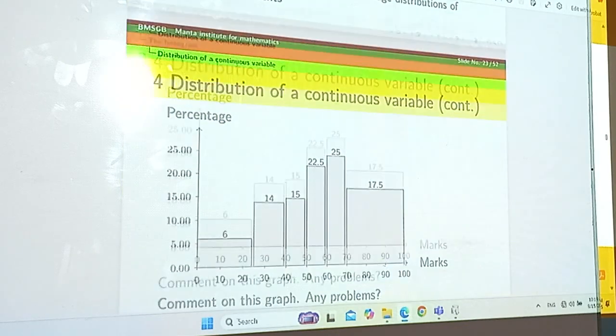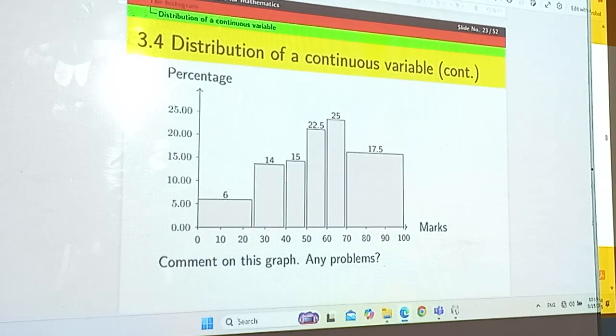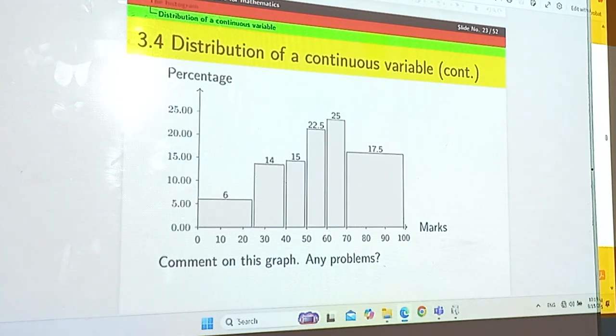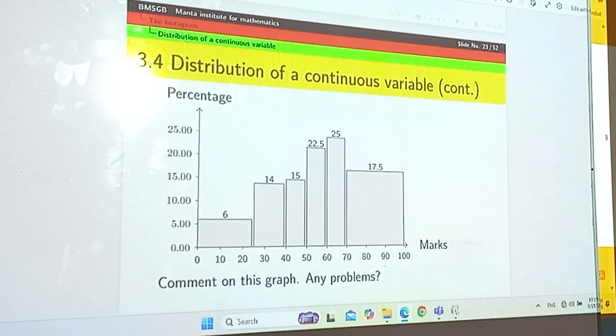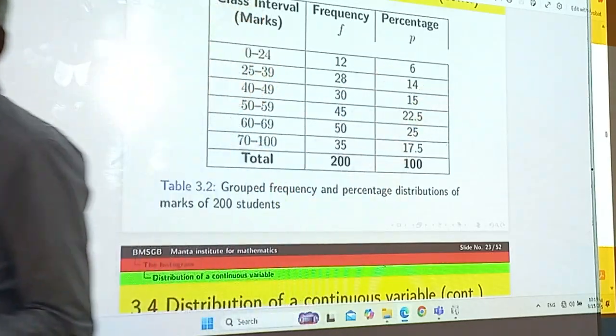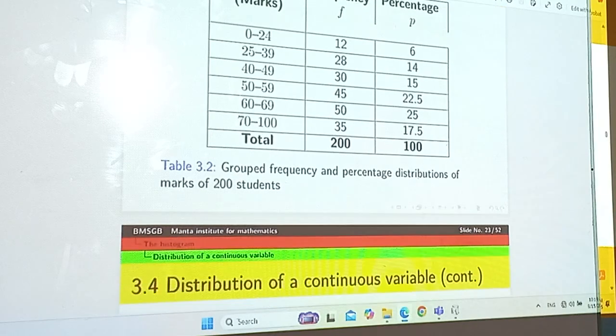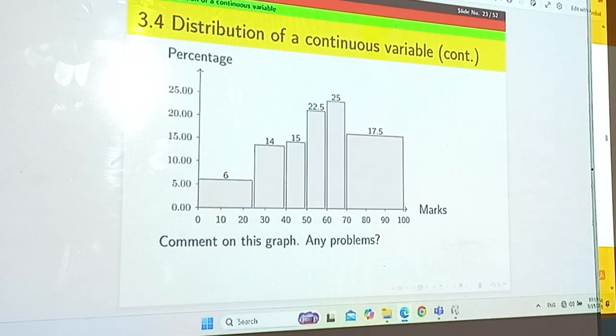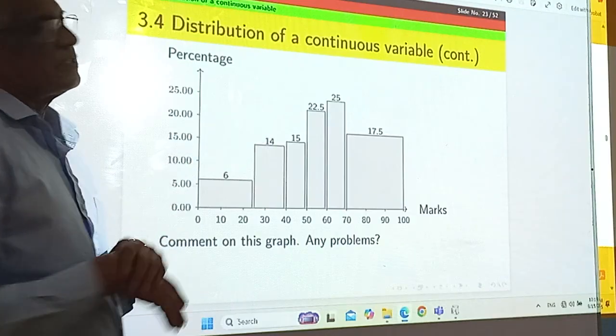If you directly draw the picture showing, for example, the percentage as the height, this will be the picture that you get. So for example, here the first one has 6% and then 14% and so on. If we just draw the bars over the corresponding interval, so that the height is equal to the percentage, this is the picture that you are going to get.